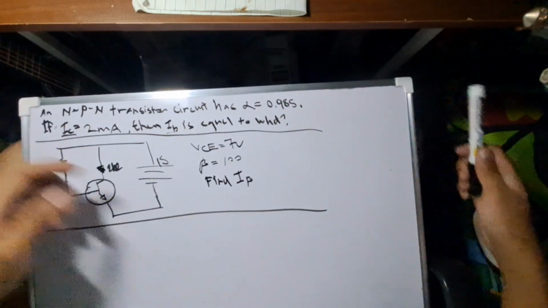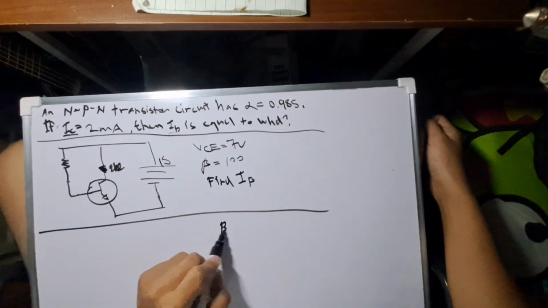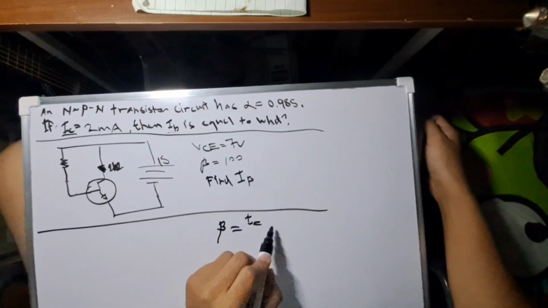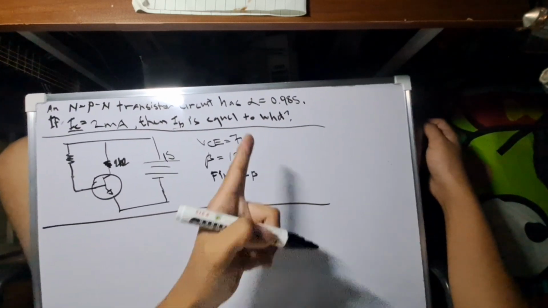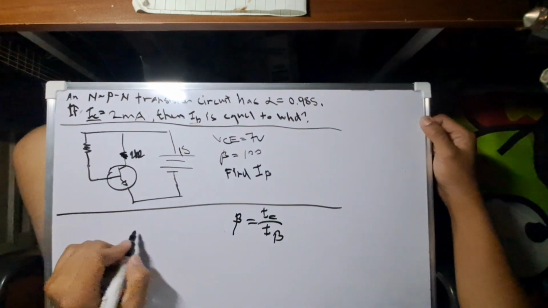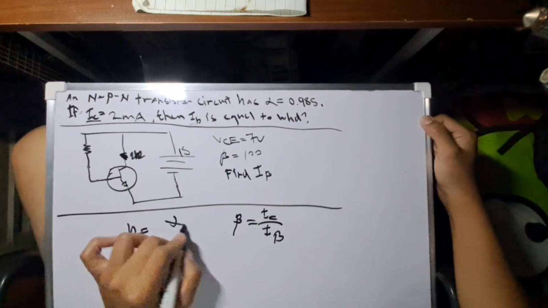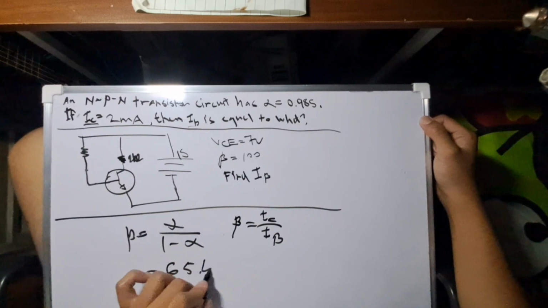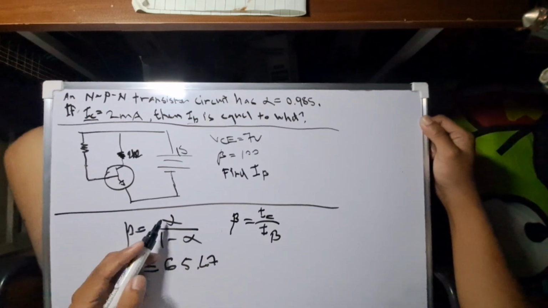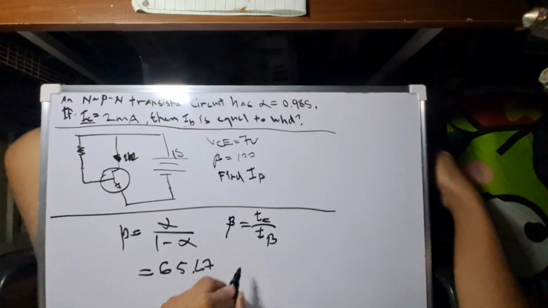So ano bang gagawin natin? Well, we know that beta is equals to IC over IB. So, i-convert natin si alpha into beta. And beta is equals to alpha over 1 minus alpha, giving us 65.67, 0.985 over 1 minus 0.985.